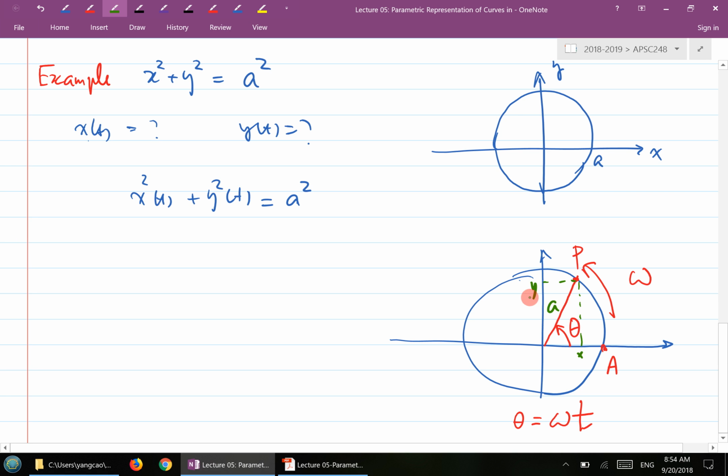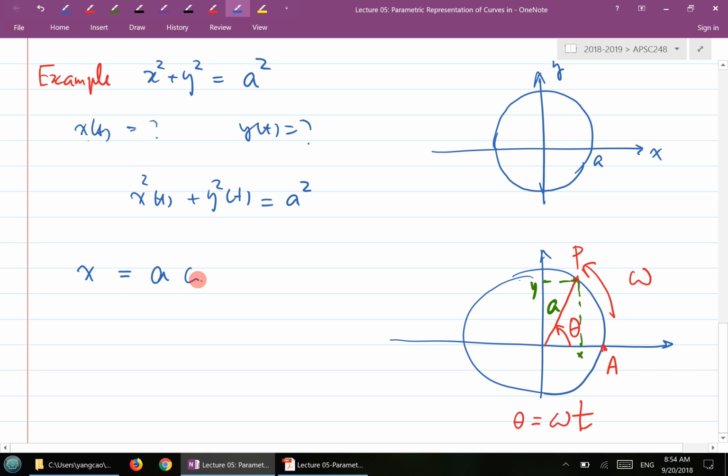So let's make use of the known condition to derive the coordinates x and y. That's pretty straightforward. If you look at the x here, using basic trigonometry on this right triangle, I know the length of the hypotenuse A, I know this angle theta, then x equals what?